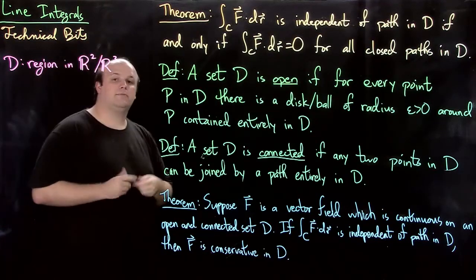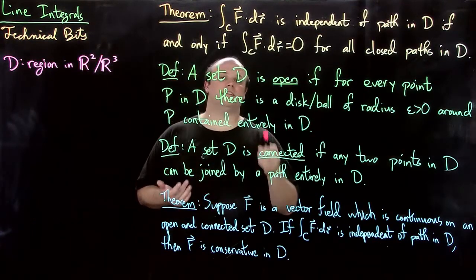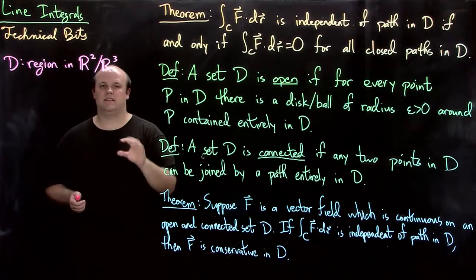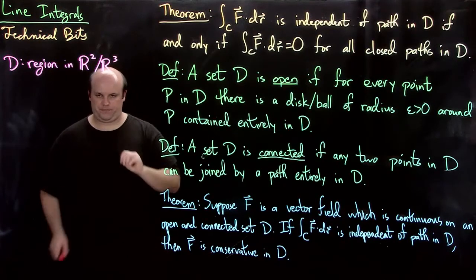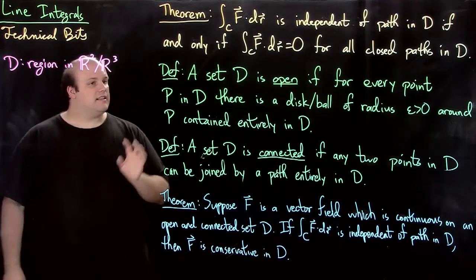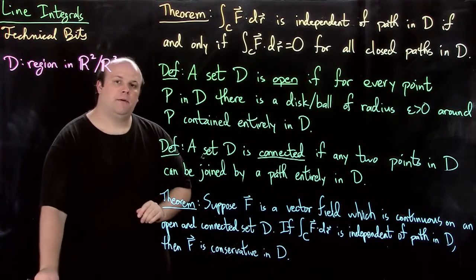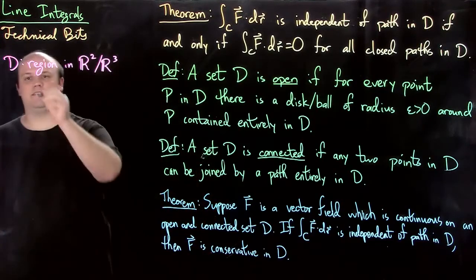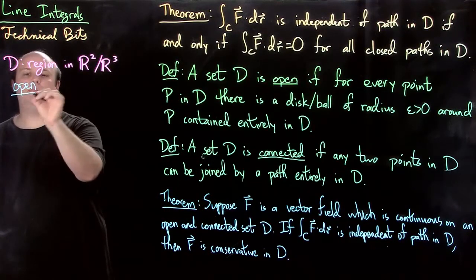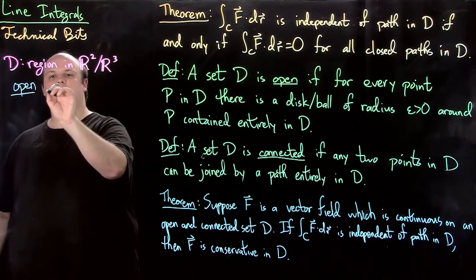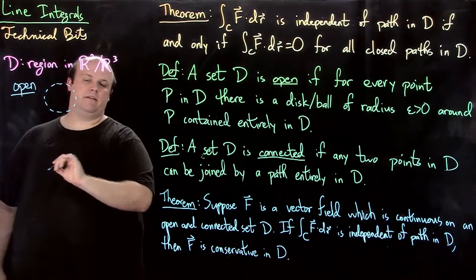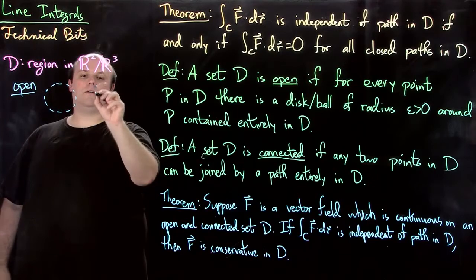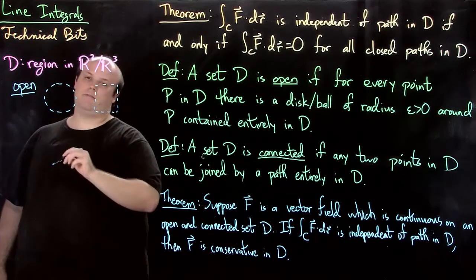We say a set D, or a region D, is open if every point P in D has a disk or a ball that you can draw around it that's contained entirely in D. Examples in 2D: a disk with no boundary, or a square with no boundary.